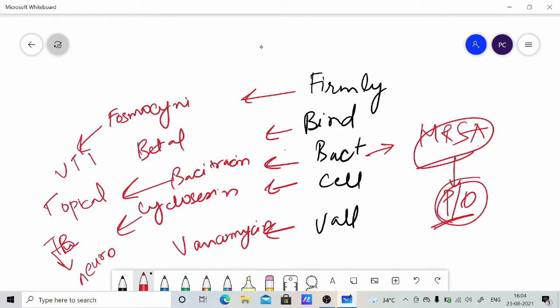So mupirocin is used for prophylaxis of MRSA.